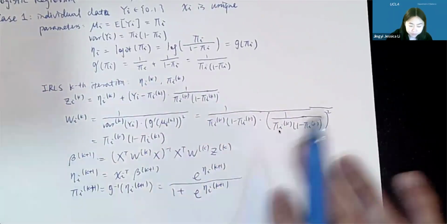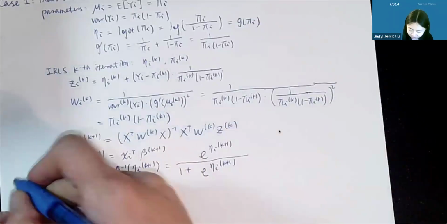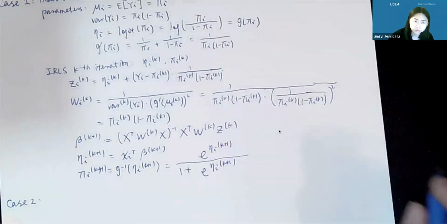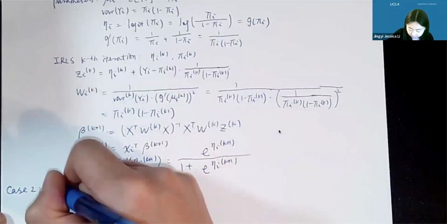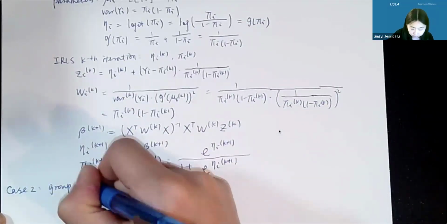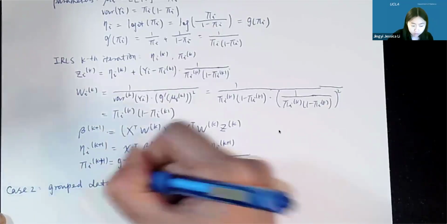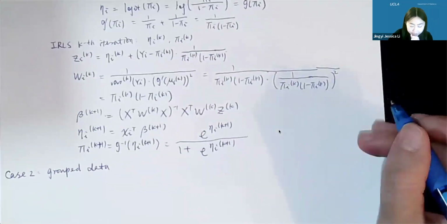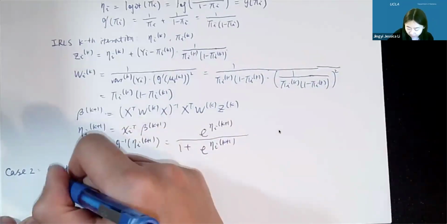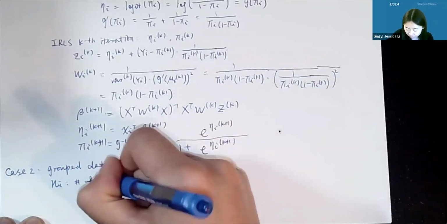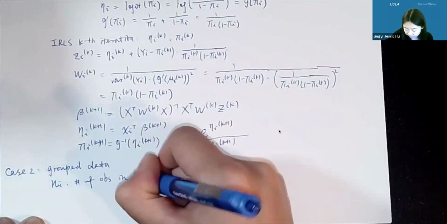Okay, if there are no questions, then let's look at the group data. Also as a very good chance for review. For the group data, we actually have n_i as the number of observations in group i.